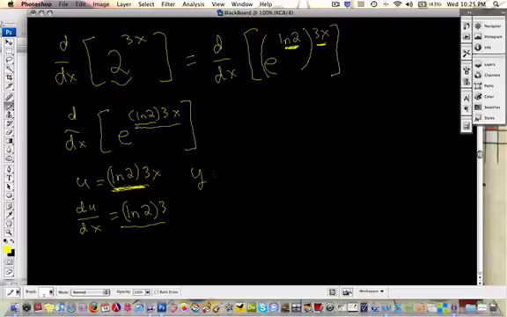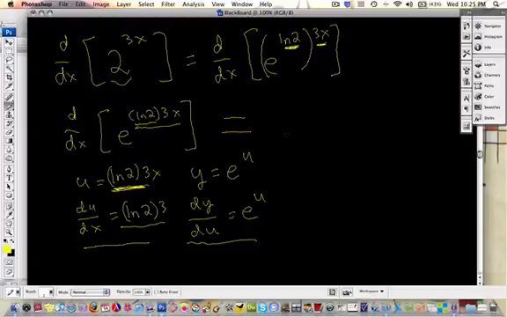And our y, if u is that, then y is just e to the u. dy du, again, e to the u is its own derivative, so that's convenient. And this derivative will be the derivative of the inner times the derivative of the outer. That's from the chain rule. So ln 2 times 3 times e to the u.